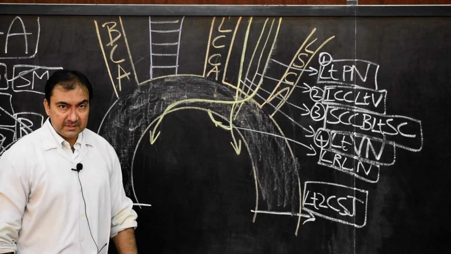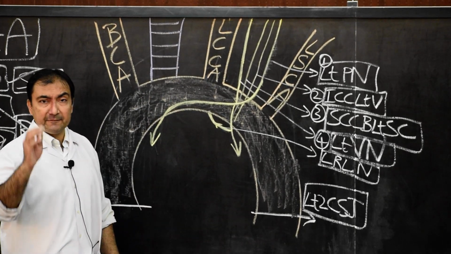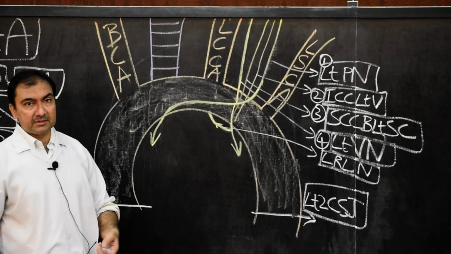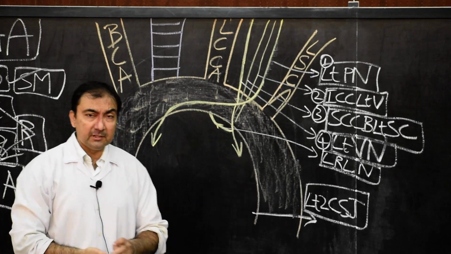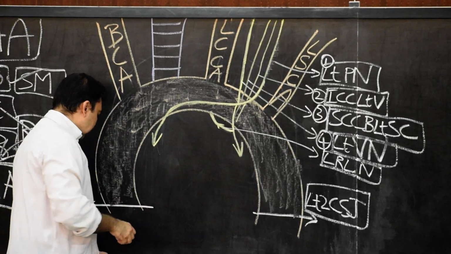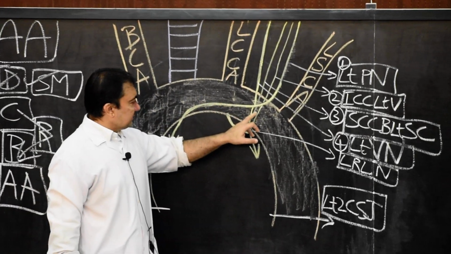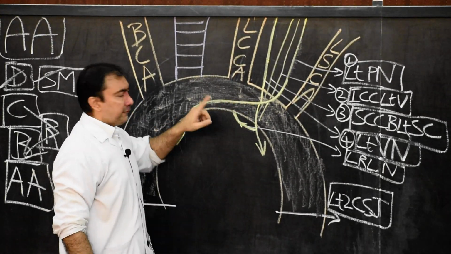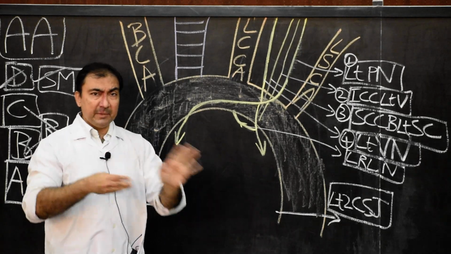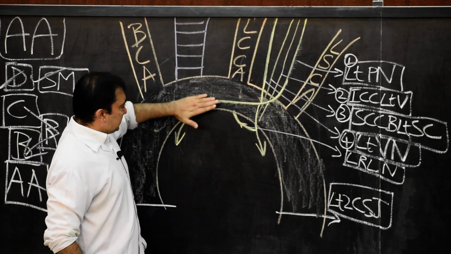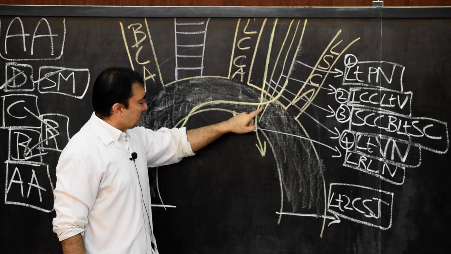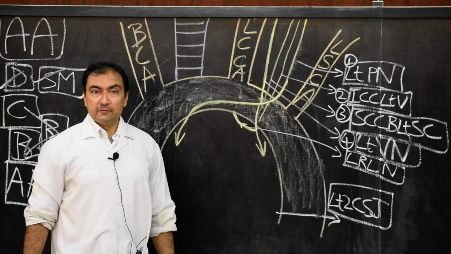Now the vein which is related in front of the arch of aorta is the left superior intercostal vein. That is very interesting. This left superior intercostal vein will lie superficial to the vagus and the 2 cardiac nerves, but it will lie deep to the left phrenic nerve. That means it is lying in between the superficial left phrenic nerve and the deep 2 cardiac nerves and vagus nerve.